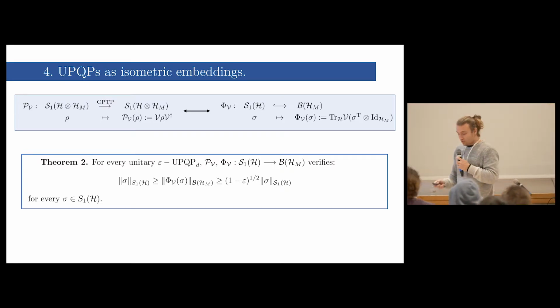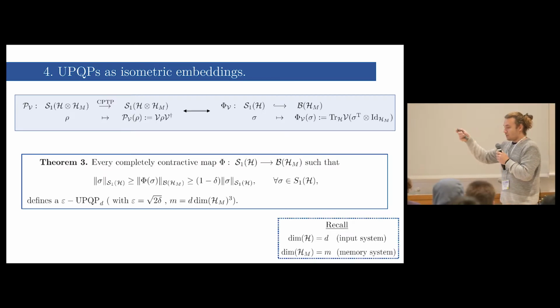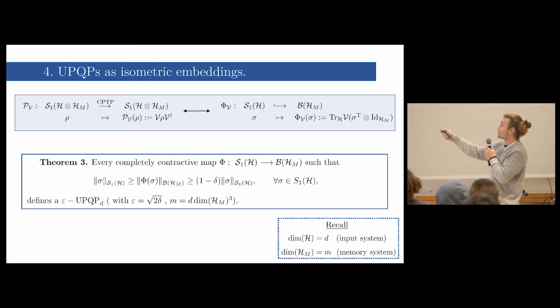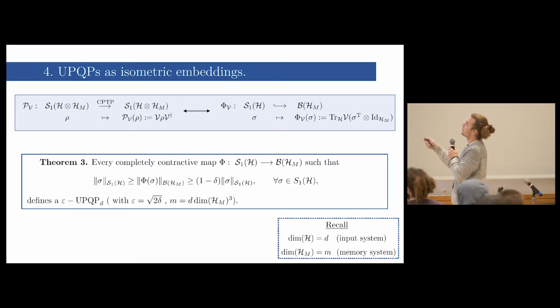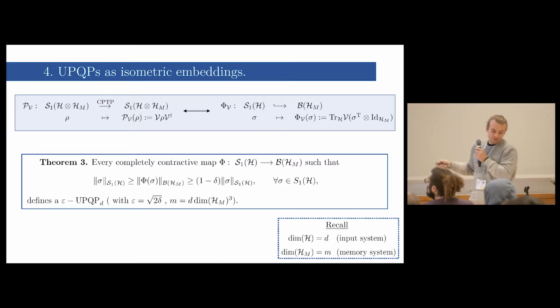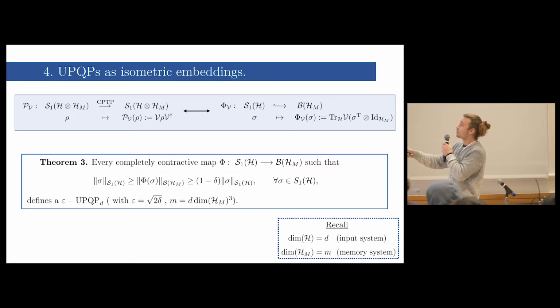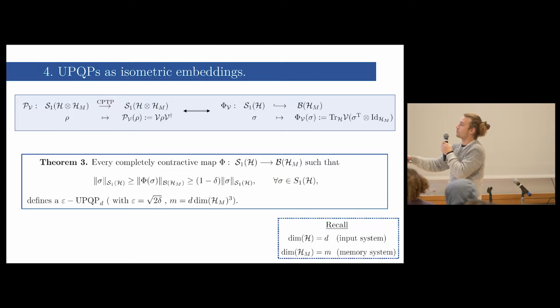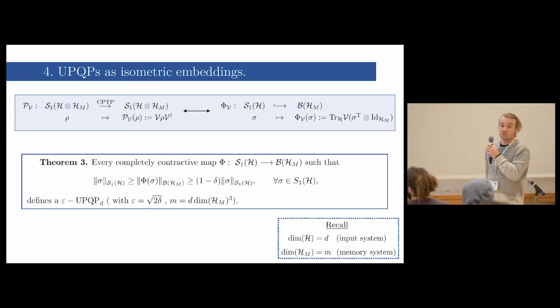For completeness, we also show a kind of converse of this theorem: if you start with a completely contractive map between these spaces, such that the map satisfies this nearly isometric property, then you can construct an epsilon UPQP with parameters depending on the parameters of the embedding.